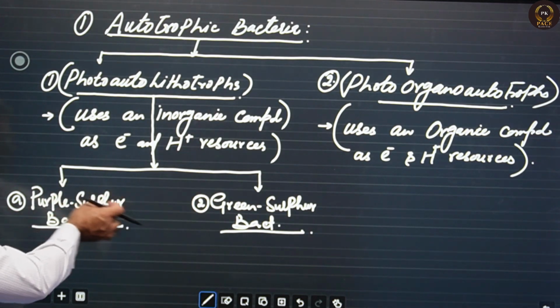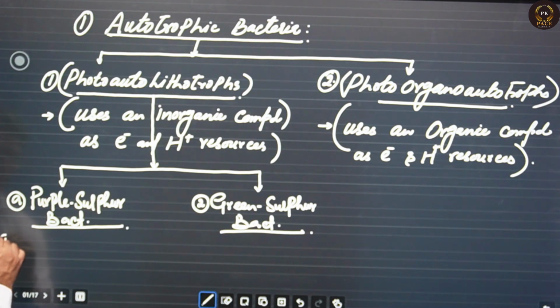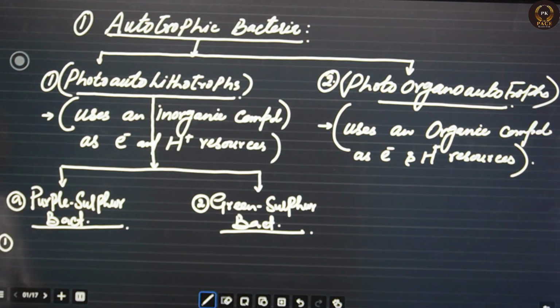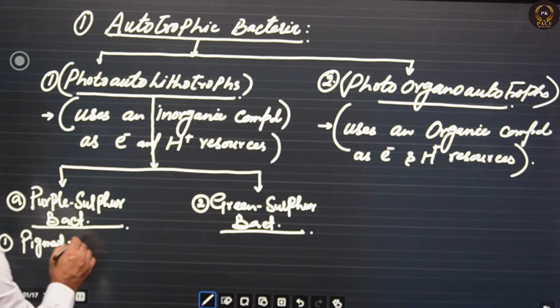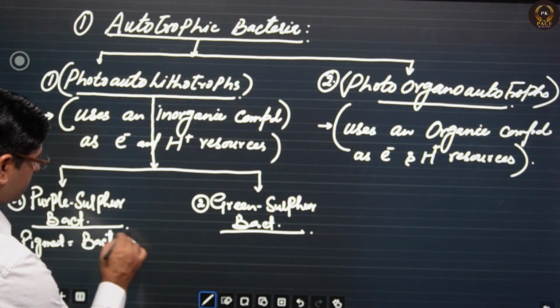What is the difference between these two? Remember, there are two differences. One, purple sulfur bacteria contain a pigment called bacteriochlorophyll.